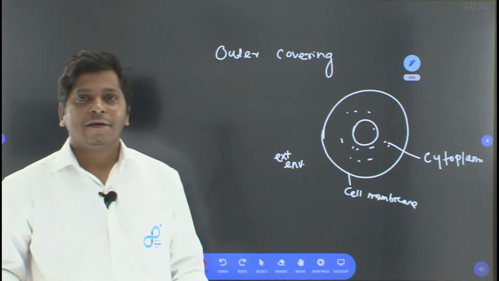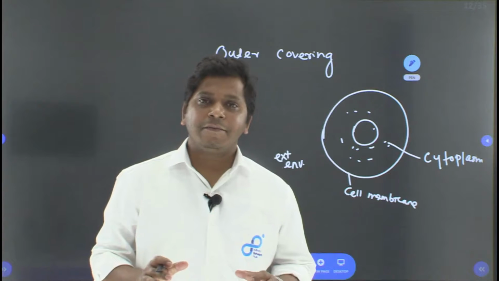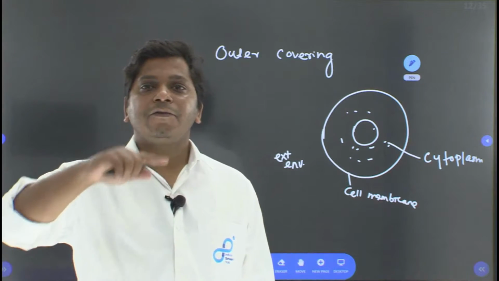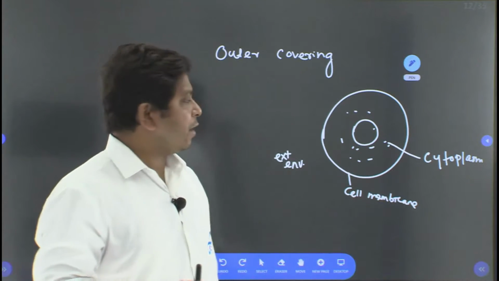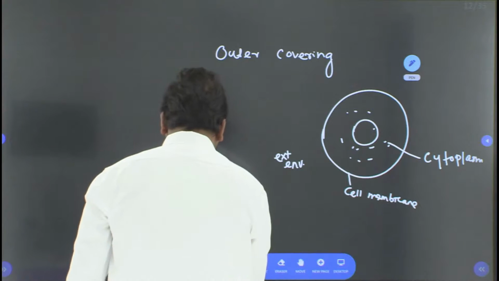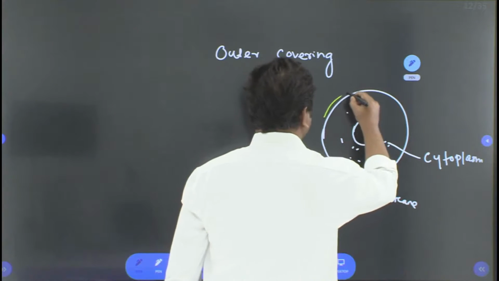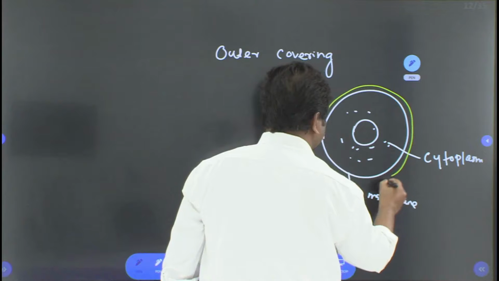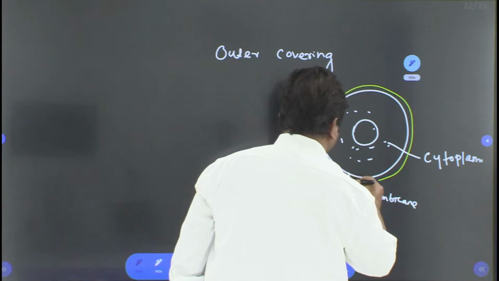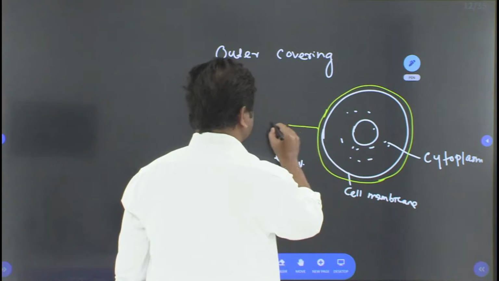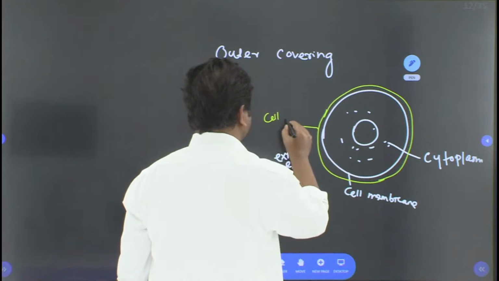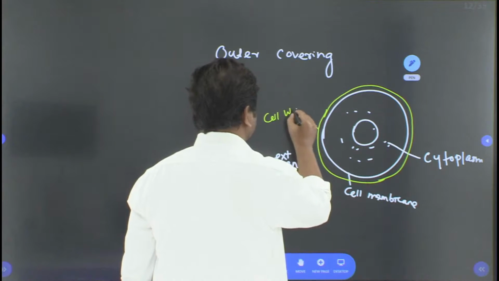Certain cells, in addition to this cell membrane, possess an outer layer, and that is called a cell wall. Cell wall is a typical feature of plant cells as well as bacterial cells. This is an additional layer which is present outside the cell membrane, and this one is the cell wall.